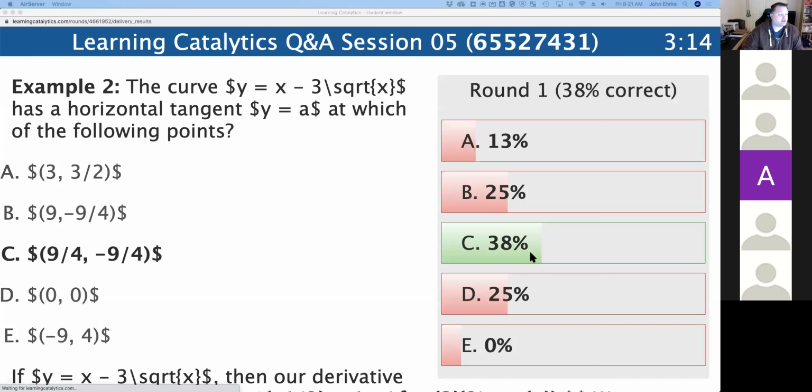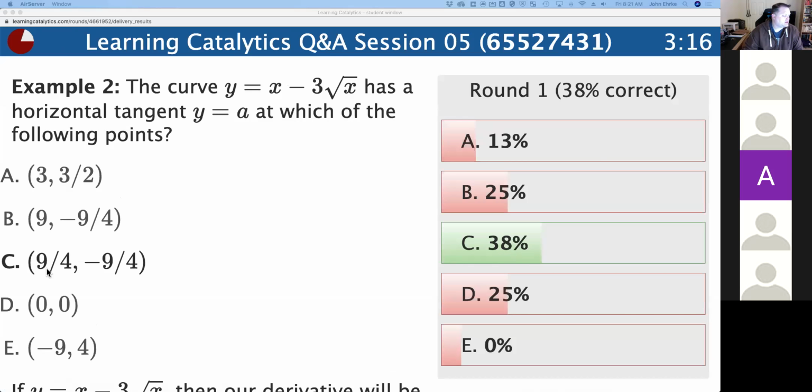All right, the correct answer here is C, at 9/4. Let's talk about it.